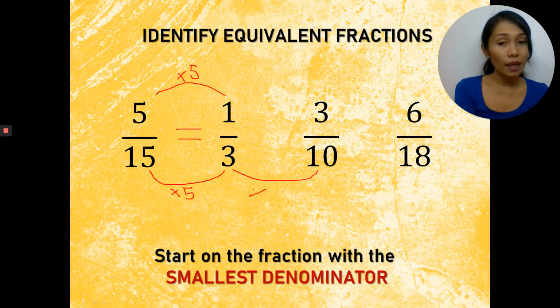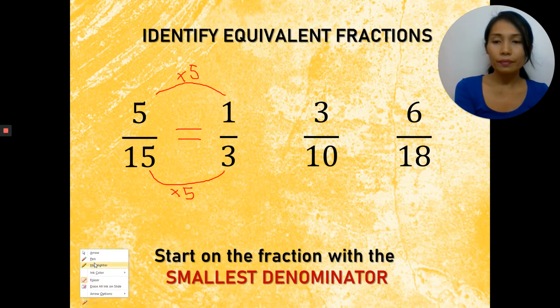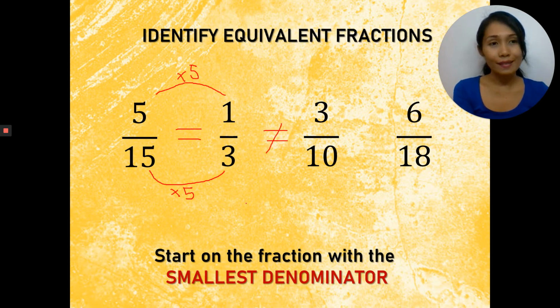Can we multiply anything to 3 that will equal 10? There is nothing. Since 10 is not a multiple of 3, that means 1/3 is not equal to 3/10.